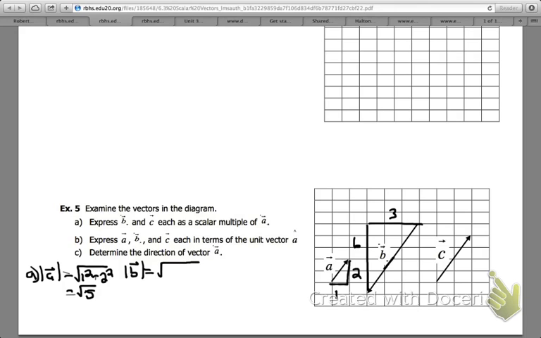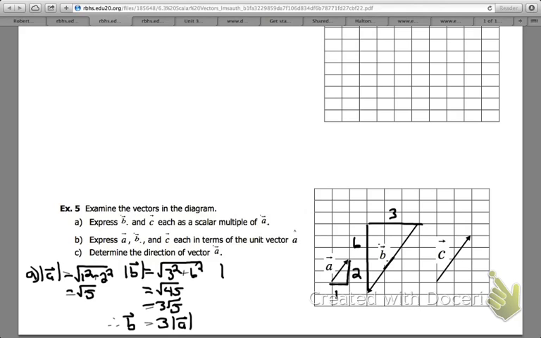So this will be the square root of 3 squared plus 6 squared, which is just equal to root 45. But root 45 we know is the square root of 3 times the square root of 5 times, giving us 3 root 5. Well, look at that. Root 5 is the magnitude of a. So therefore, we can rewrite the vector b as 3 times the magnitude of a.